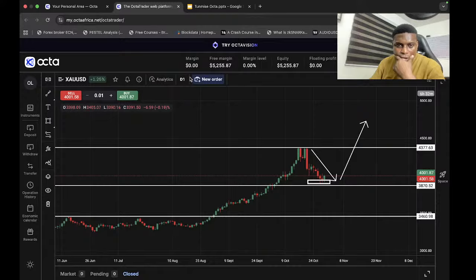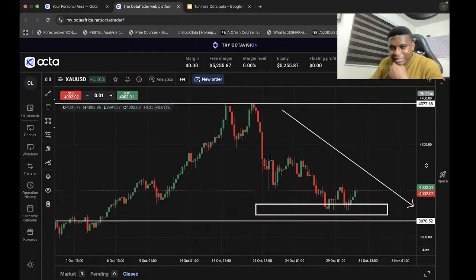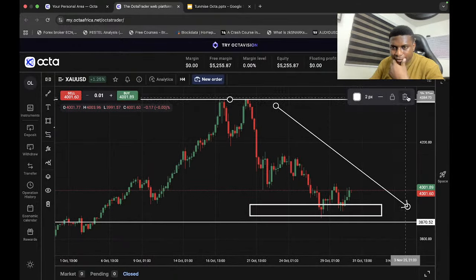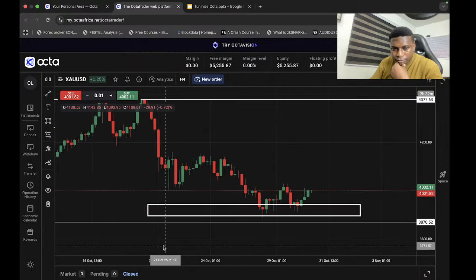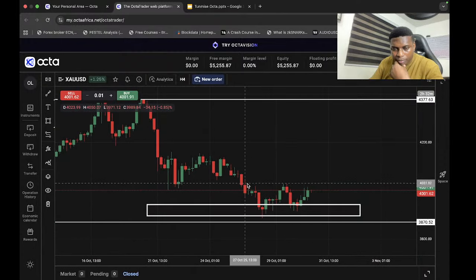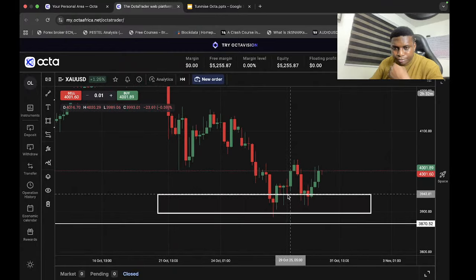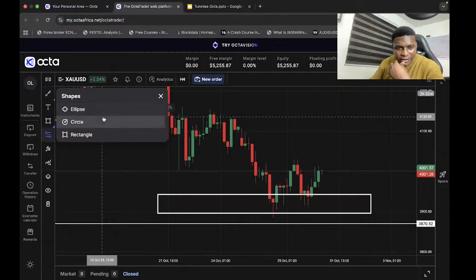Now so let's go to the 4 hours time frame. Now looking at this, there is an interesting look here. It's very clear that price has formed a double bottom at this level. So you can see there is a double bottom here.